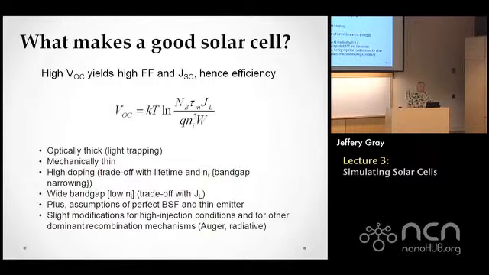And it turns out, in some cases, for instance, if you were in high-level injection and you basically had very low lifetimes, in silicon radiative lifetime isn't very important because it's an indirect bandgap material, but Auger is important. If you had an Auger recombination dominated device, you would actually see a 2/3 out here in front.